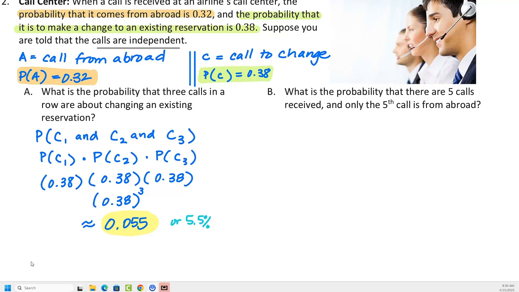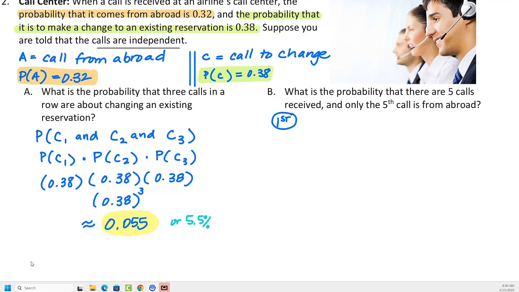For part B, notice here it says, what is the probability that there are 5 calls received and only the 5th call is from abroad? Well, we have to know the probability of it not being abroad in order to do this. And I think as we go through this, you'll understand.